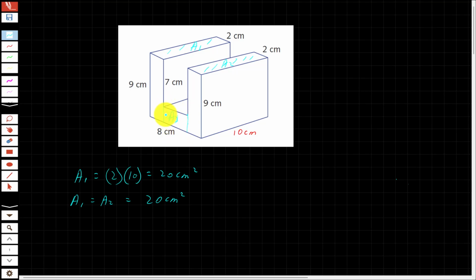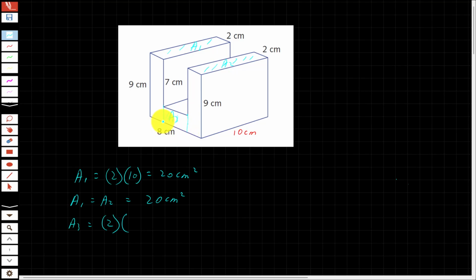And secondly, we're going to calculate A3. So A3 equals the height there and the width from there to there. Now we know the height from there to there is 9. We know from there to there is 7. So the difference between these two will be the height there. So 9 take away 7 is 2. So 2 centimeters multiplied by the distance from there to there.